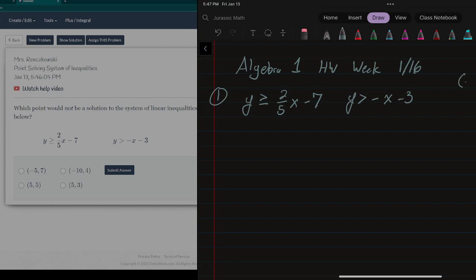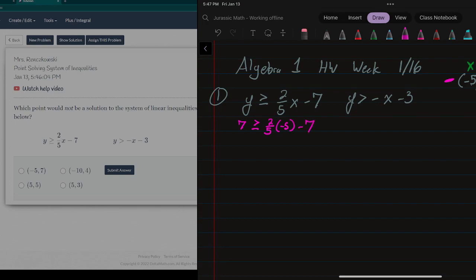Our first one is (-5, 7). I'm going to just plug that in to see if it works. Once again, we should all remember x comes first, then y. In purple, I'm going to write y, which is 7, is greater than or equal to 2/5 times -5 minus 7.